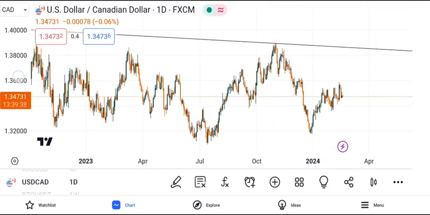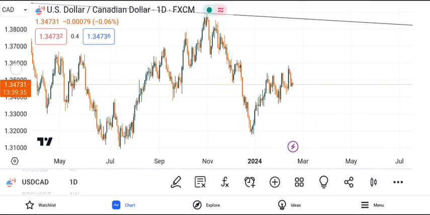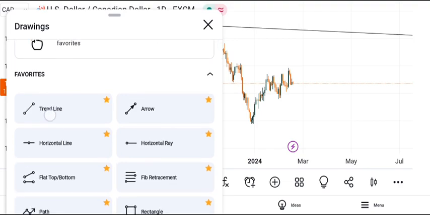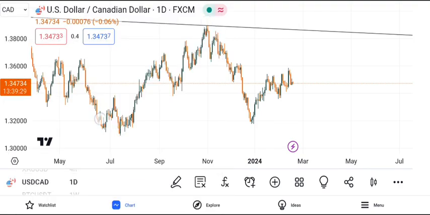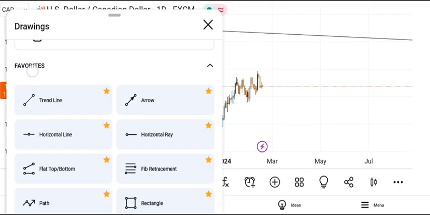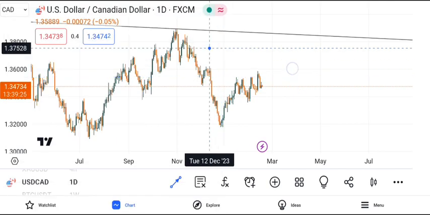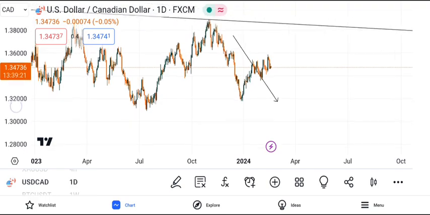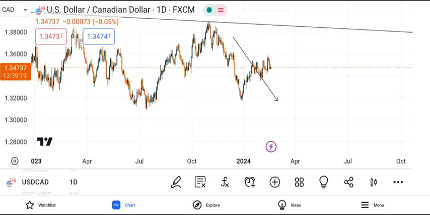You can see, I'm going to be using a tool called Fibonacci. Since the market is bearish, we're expecting the price to go down like this, a bearish market overall.